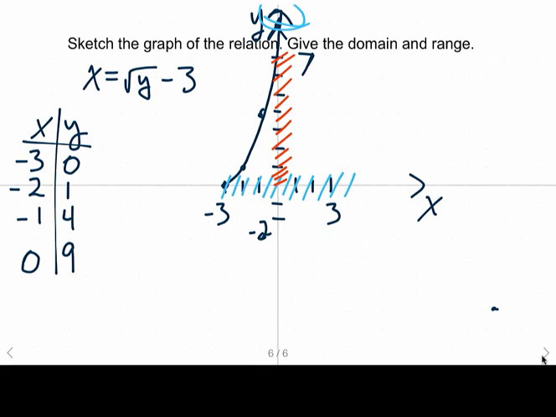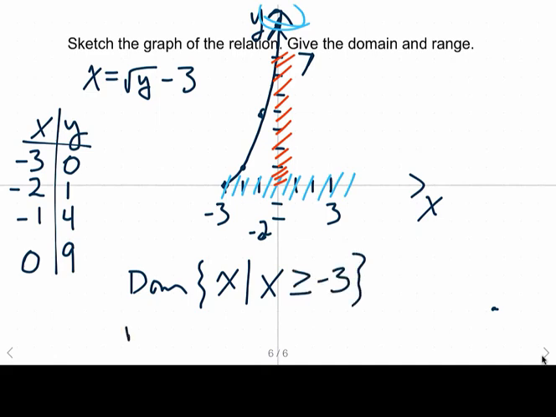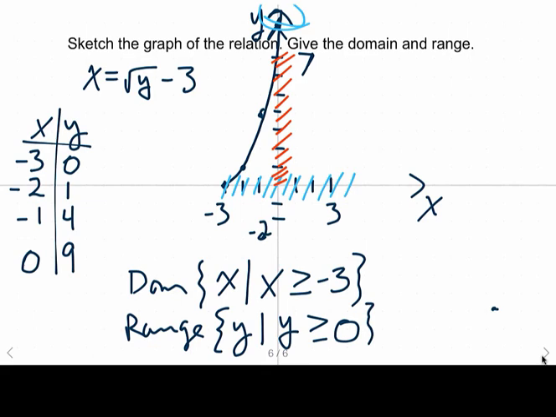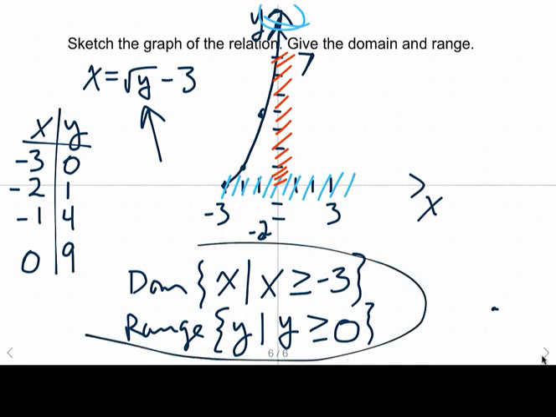And so we can say that the domain is, we'll use set notation just to mix it up, the set of x such that x is greater than or equal to -3, and the range is the set of y such that y is greater than or equal to 0, which kind of makes sense. We wouldn't be able to put a negative value in place of y and get a real number, and so we can kind of think of it in those terms. In any case, there we are.